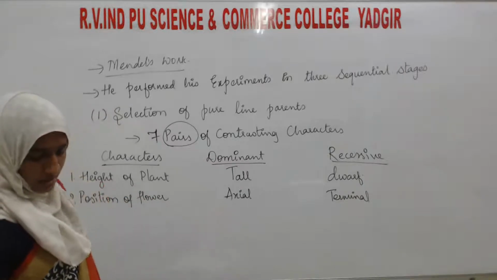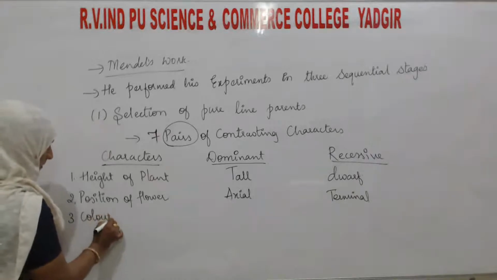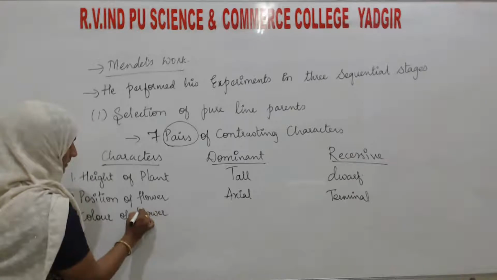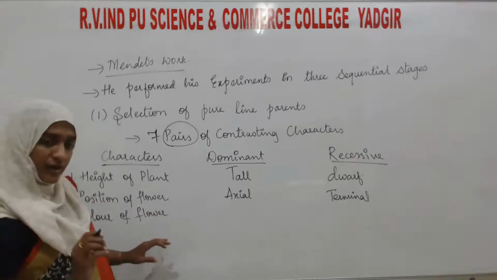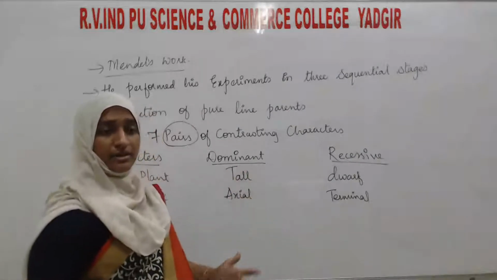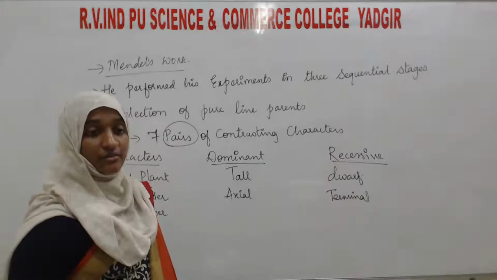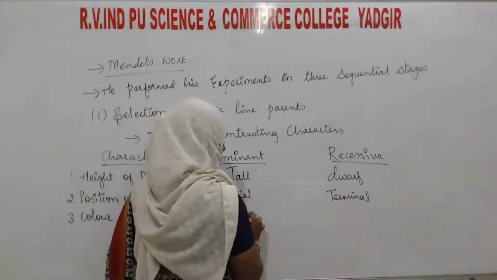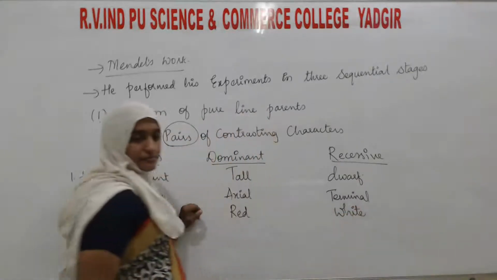The third one, color of flower. What is the dominant color? It is red. And the recessive is white.